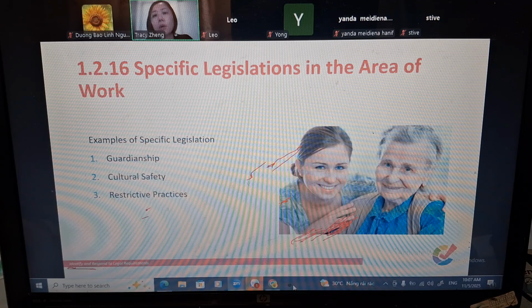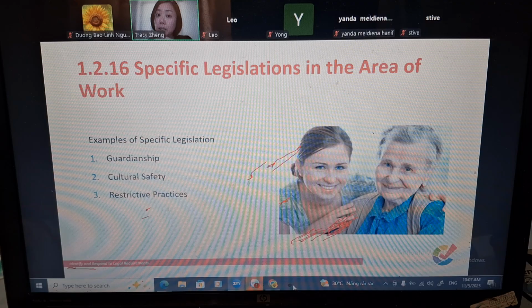For example, your client, let's say 70 or 75 or 80 years old, starts slowly deteriorating. She is probably not able to give consent for herself, or not able to make more decisions. So she would like to legally appoint her daughter or her son, or even her friends, as her guardian.